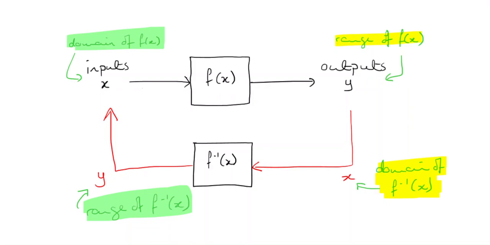So the range of the original function becomes the domain of your inverse function, and the range of your inverse function is the domain of your original function. That's the key idea. Let's put it into practice because it seems a bit abstract before we actually do a question. So let's do a question together.